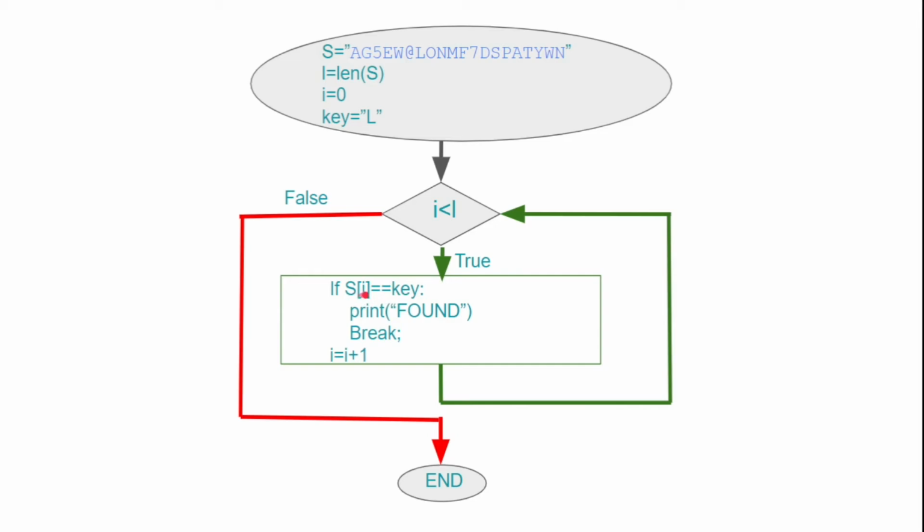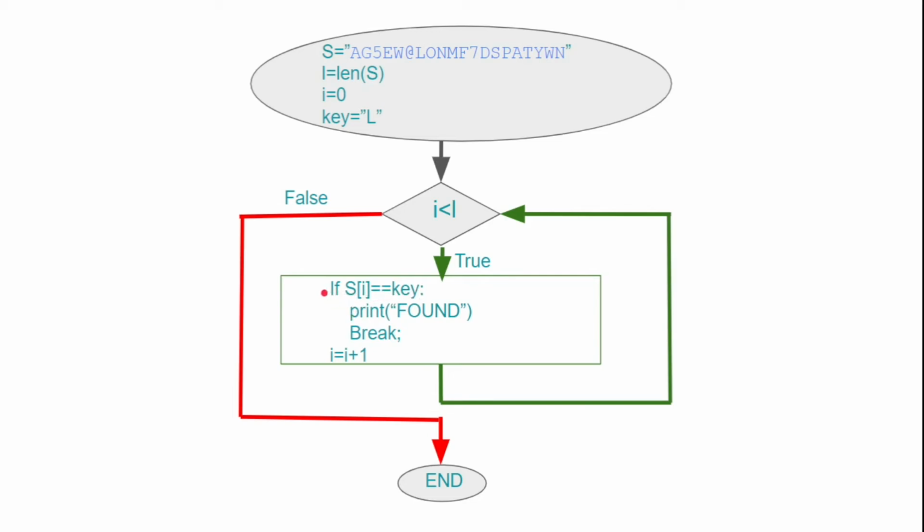And if this condition is true, then the body of this if block will be executed. These two lines of code will be executed only when this condition is true.